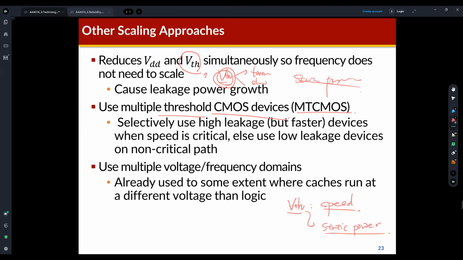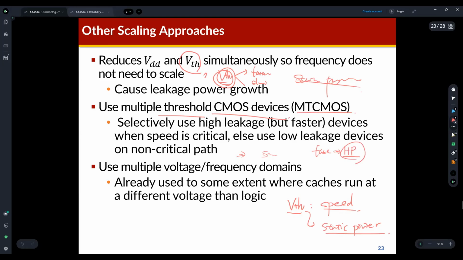This is also a static power solution. Why do we need a very low threshold voltage level? Because our circuit needs to work very quickly, so fast, which means high performance.